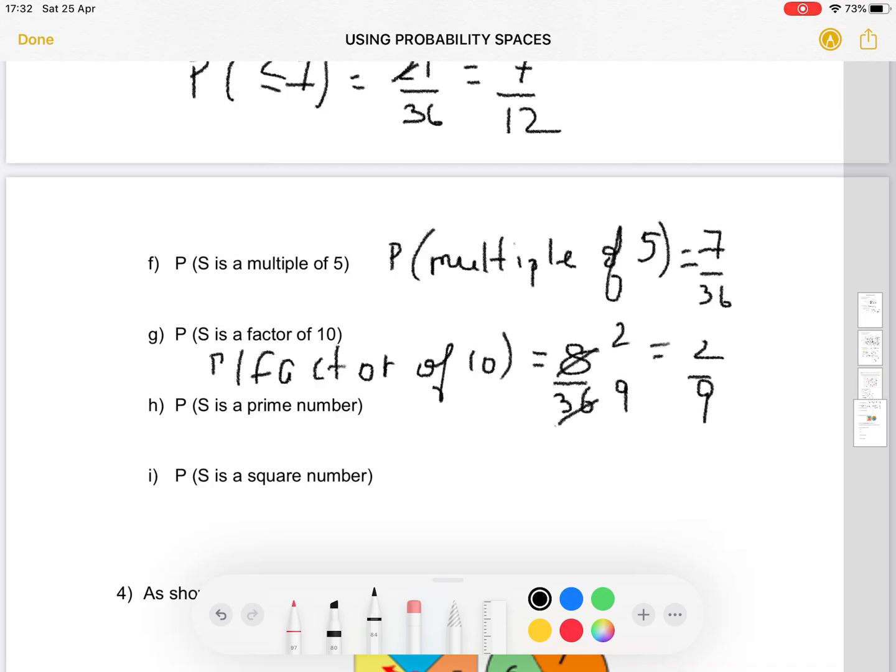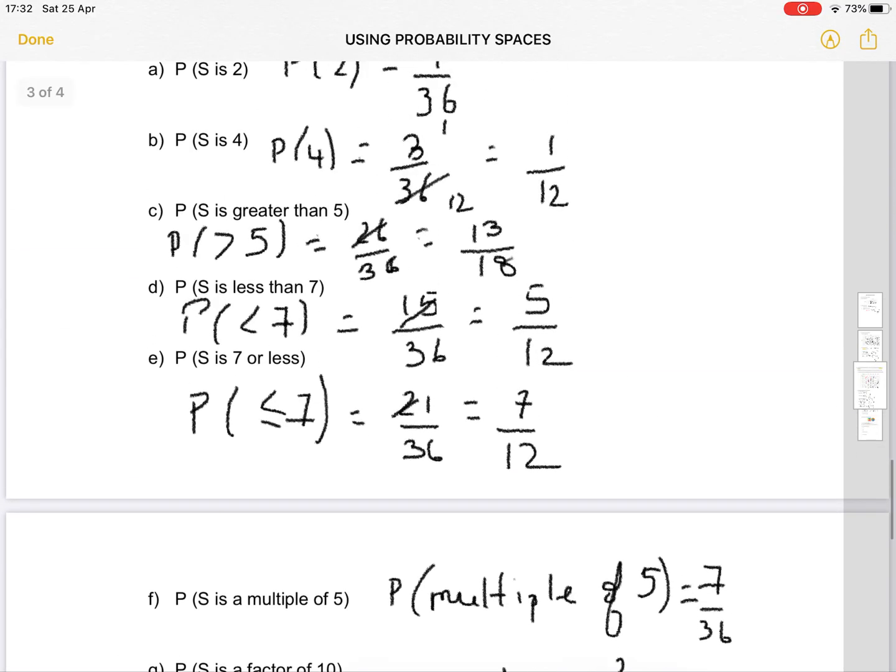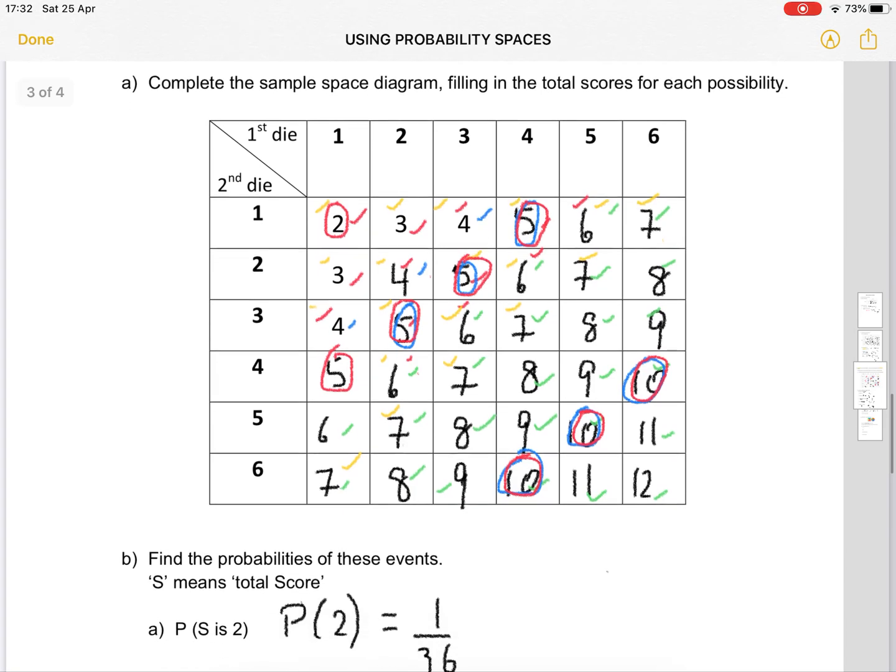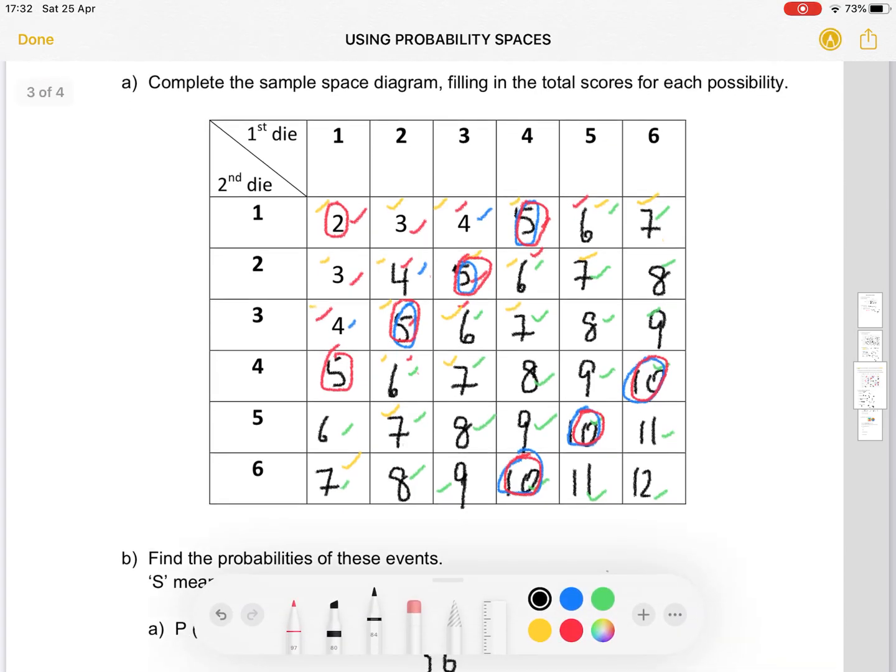Now the next question, question H: S is a prime number. Remember that a prime number has only two factors, itself and 1.